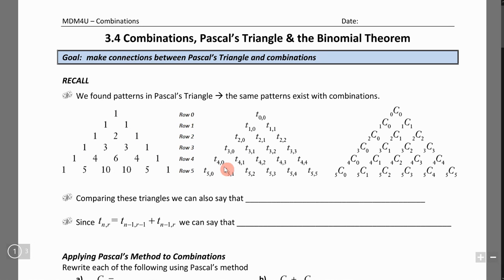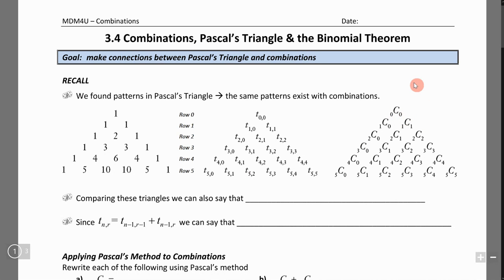We also looked at how to write each term inside Pascal's triangle with reference to its row number and its position within that row. Now here I'm going to also show you that you can express each number as a particular combination, where the row number is the value for n, and the position in that row is the value for r.